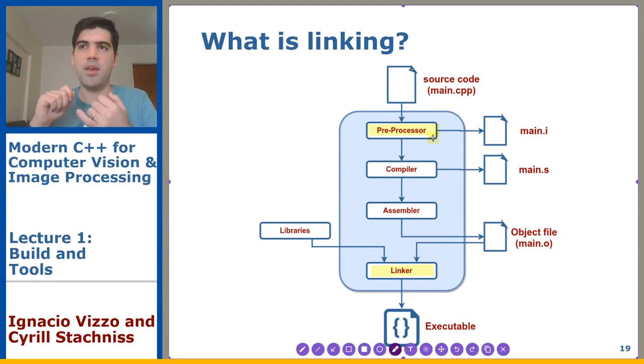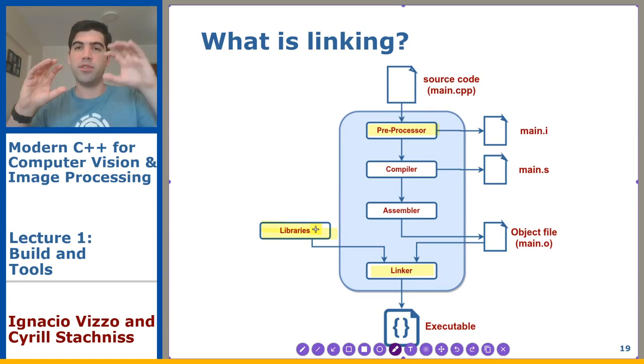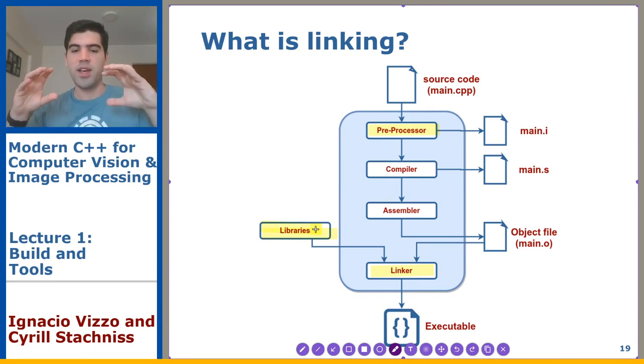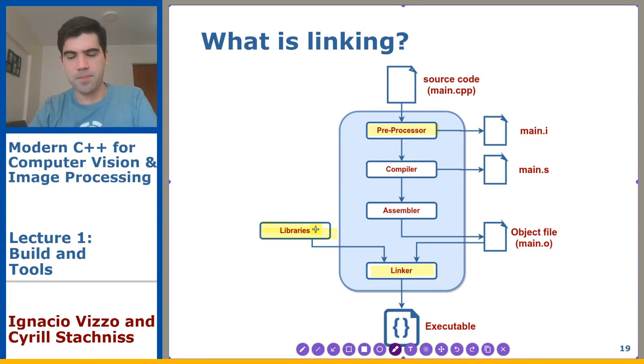That can be object files, libraries, could be external libraries, for example. And then it will say, okay, here is the implementation for this promise, some function, and it will put it into the executable. That's how you link an implementation of a function with the declaration, right?